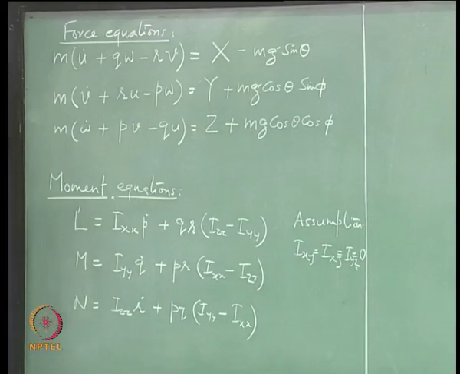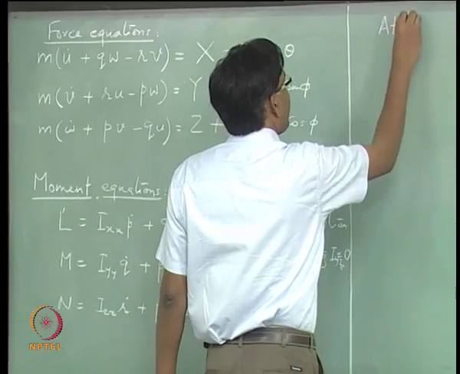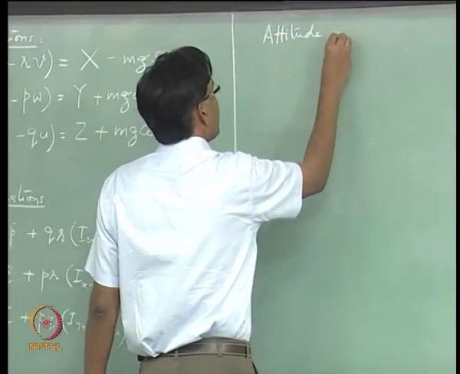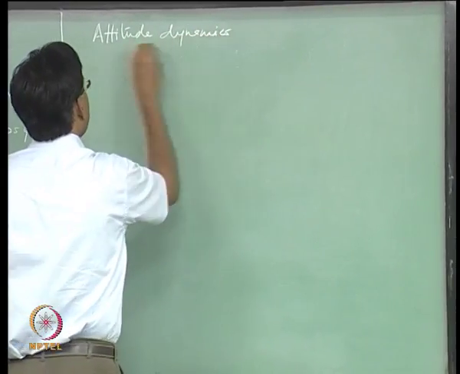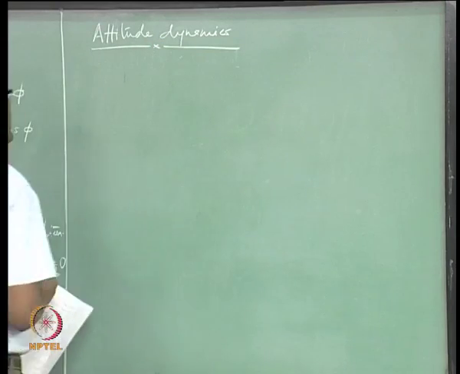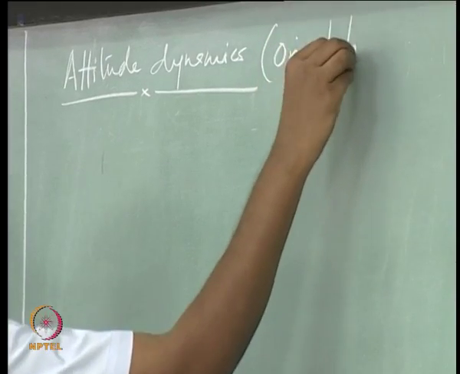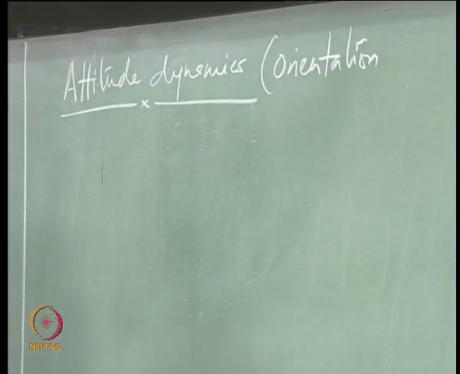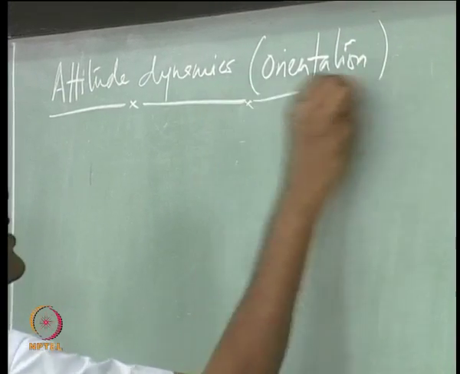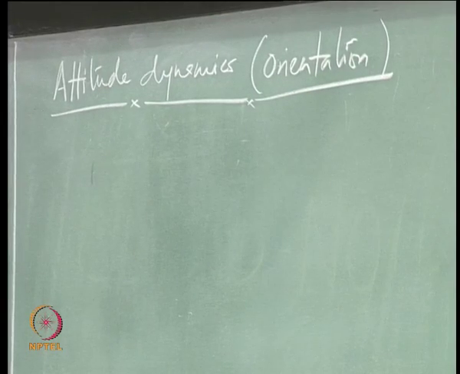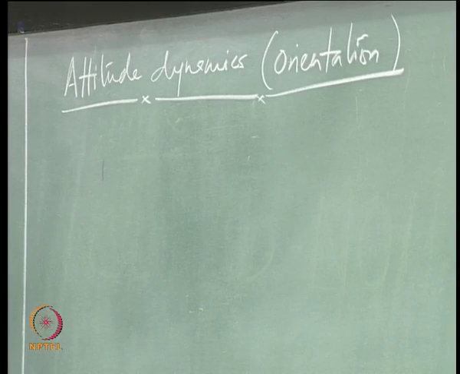Then we have equations for the attitude, right, or the orientation. Okay. So, equations for the evolution of attitude in time.